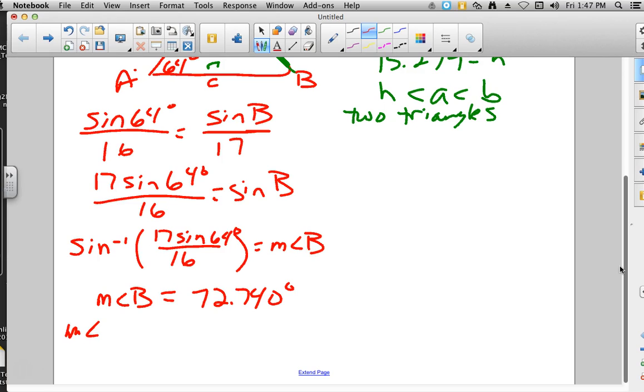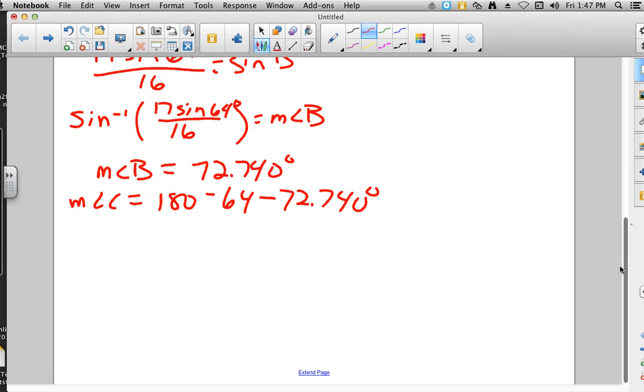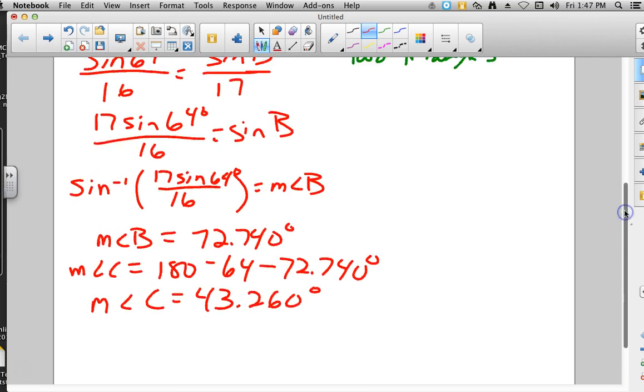So the measure of angle C is going to equal 180 minus the 64 degrees they already gave us, and our answer for the measure of angle B. So the measure of angle C comes out to 43.260 degrees.